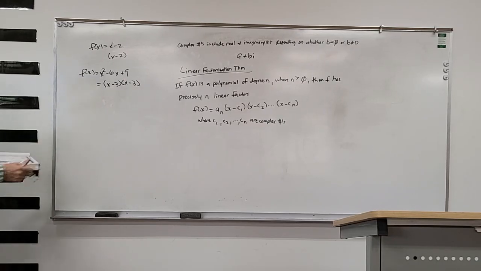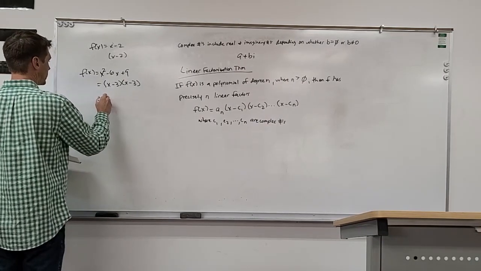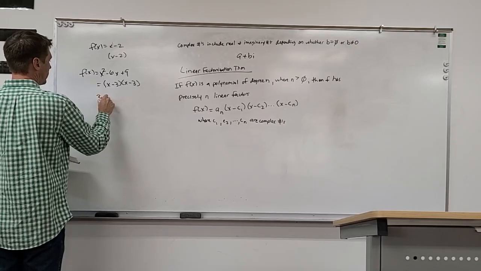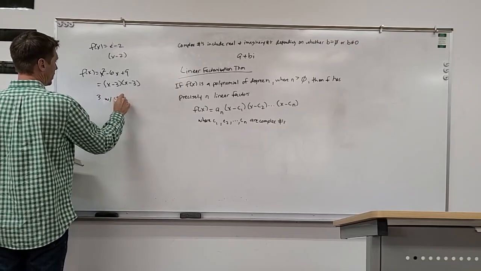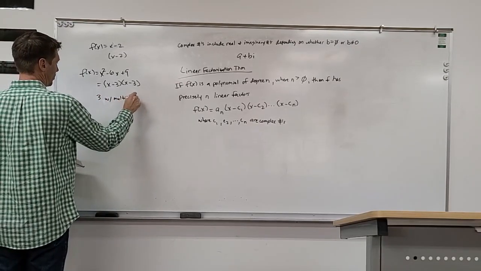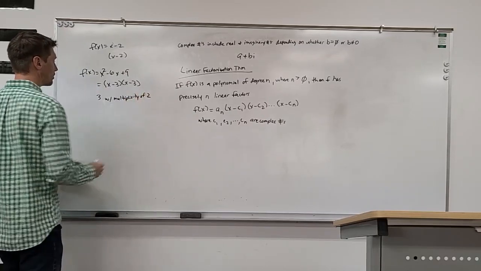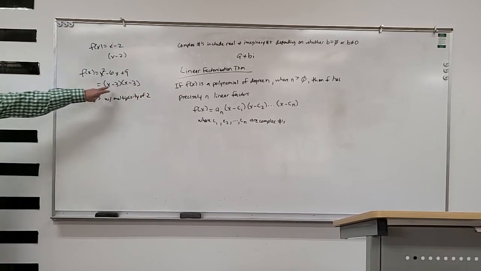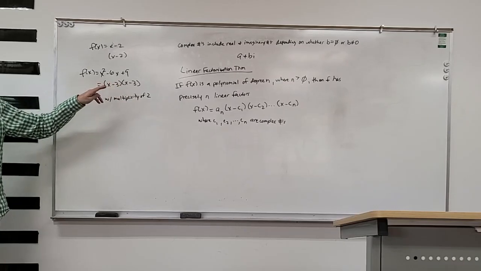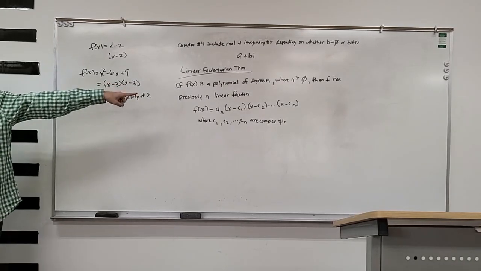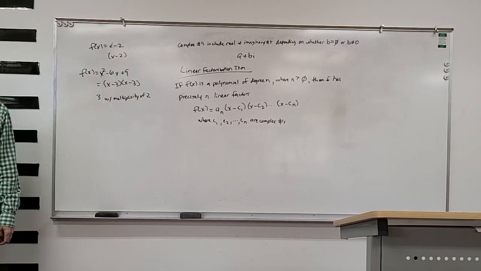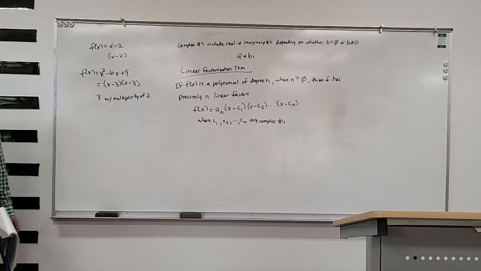We can say that the zero is 3 with a multiplicity of 2, because it shows up twice. Because it shows up twice, we count it as 2 different zeros when we're applying our theorem here. So you can have one with a multiplicity of 4.